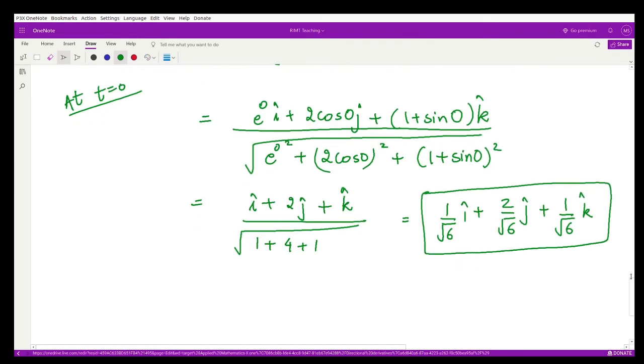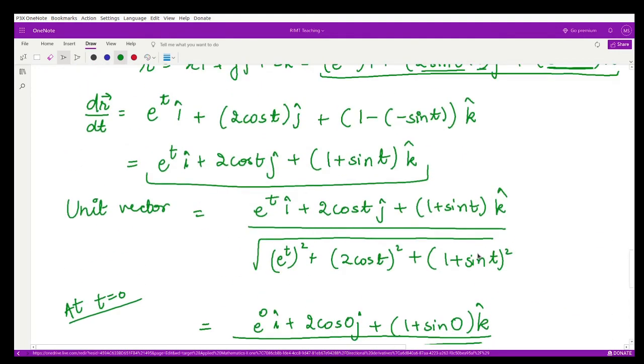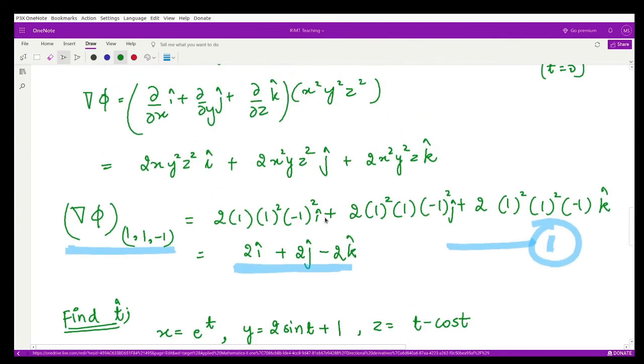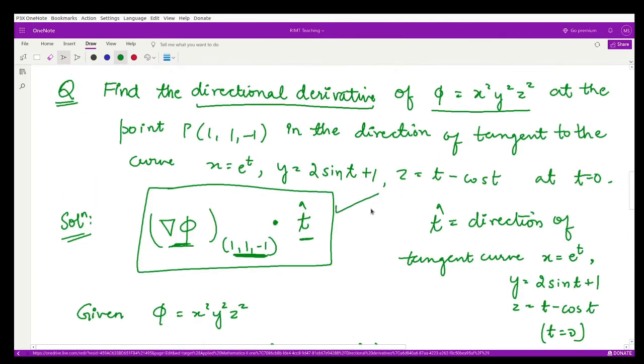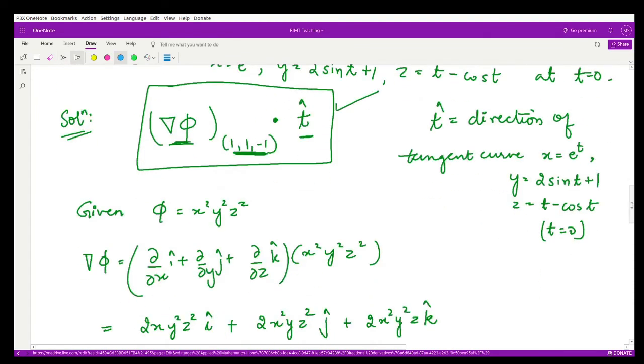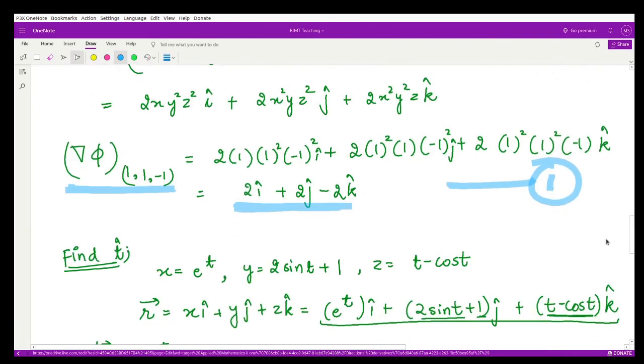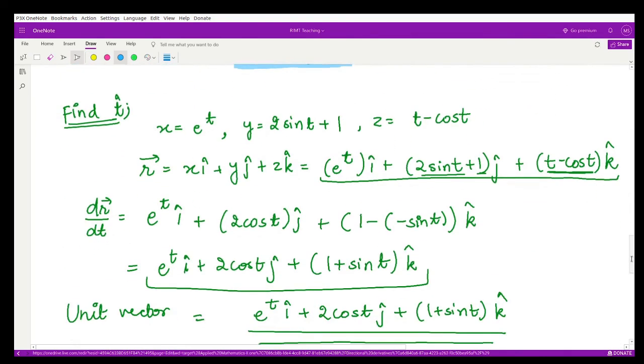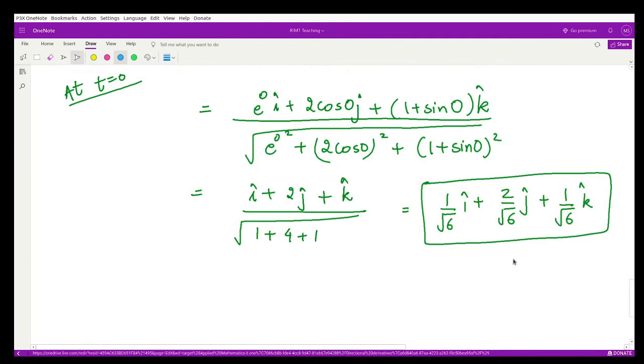Now in order to compute this quantity, we have to take the dot product of two vectors. Which one? The first vector here is this, which I have labeled as vector 1, and the second is this one.